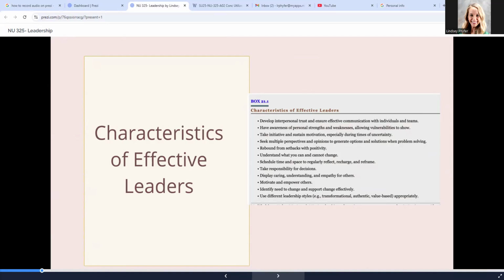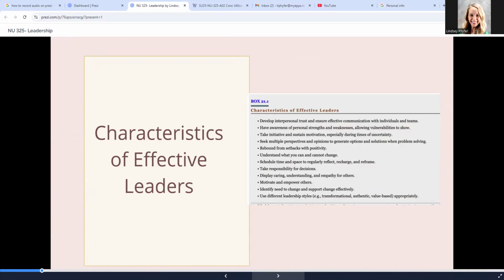And it's something that's important for y'all to do as you go through this program, is to take time for yourself to recharge. Effective leaders are also going to take responsibility for decisions that they've made. They're going to display caring, understanding, and empathy for others. And again, that goes back to being approachable. They're also going to motivate and empower others. They're going to be their employees' cheerleader.